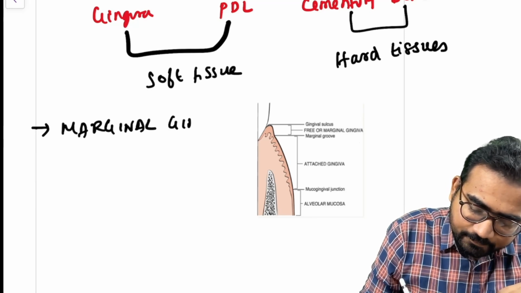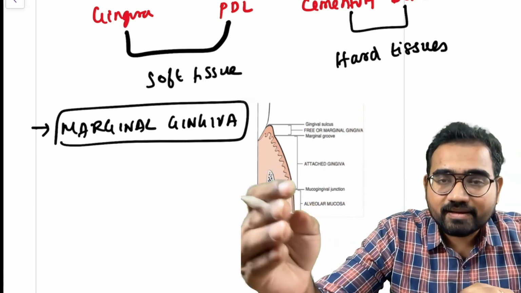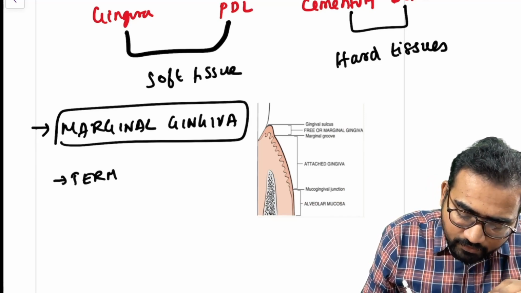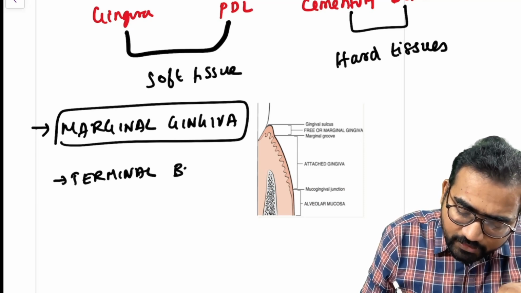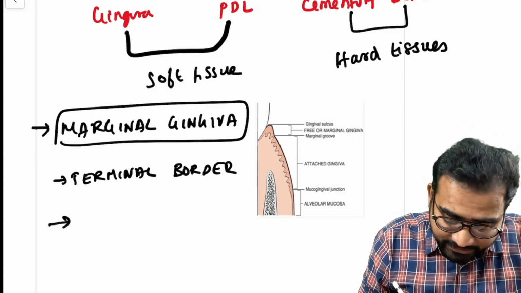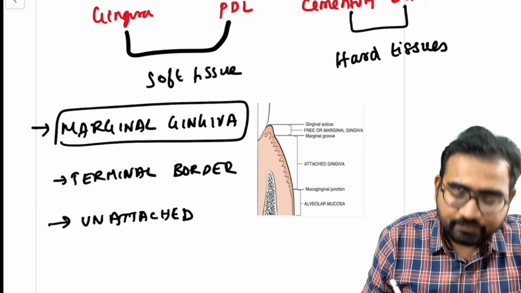As the name implies, marginal means it forms the terminal border. It is unattached.